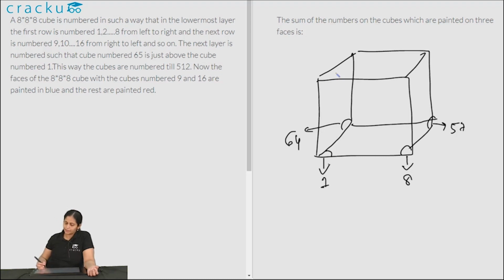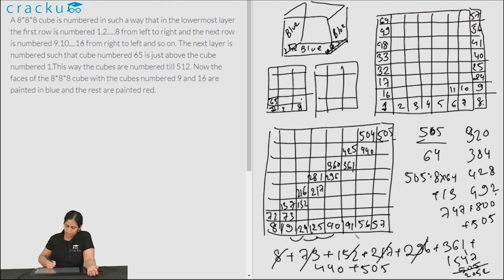Okay. Now I have to consider what is the top corner over here. Firstly, I already know these 2 corners because I've already calculated for this face, right? So I already know what these 2 top corners are. I need to only calculate this top corner and this top corner. So what are these 2 top corners? I have calculated all the numbers on this face. So this one top corner is 505.